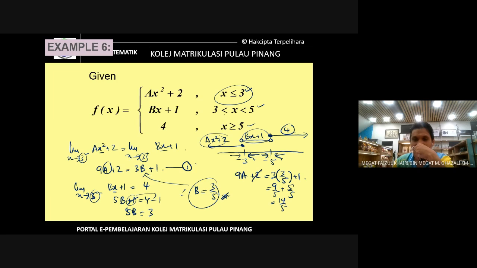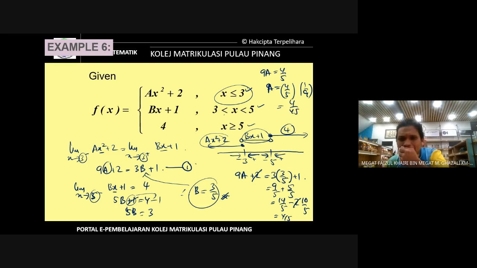Minus 2, or 10 over 5. So 14 over 5 minus 10 over 5 is 4 over 5. 9a equal to 4 over 5. Then a equal to 4 over 5 divided by 9, or times 1 over 9. This is 4 over 45.